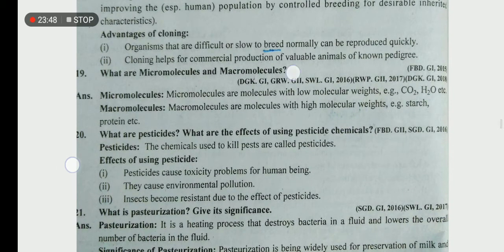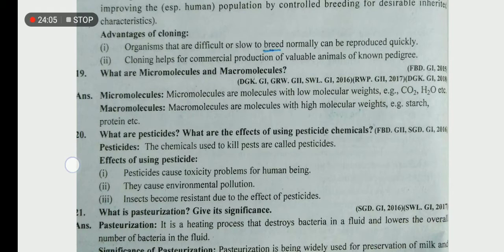What are micro and macromolecules? Micromolecules have less molecular weight, for example, carbon dioxide and hydrogen. Macromolecules have a high molecular weight, for example, starch and protein. What are pesticides? These are the chemicals used to kill the pest.